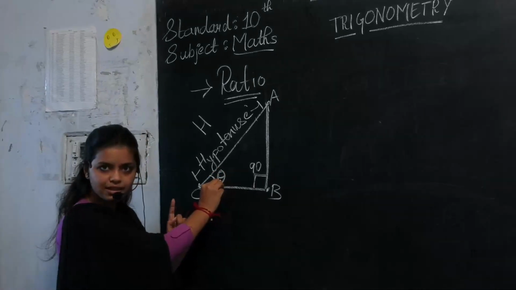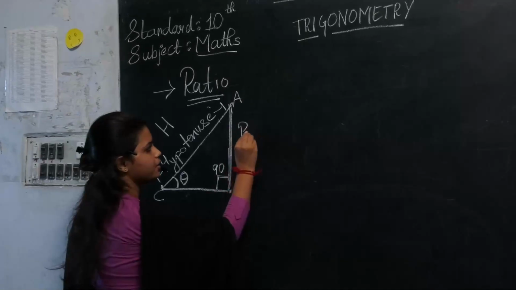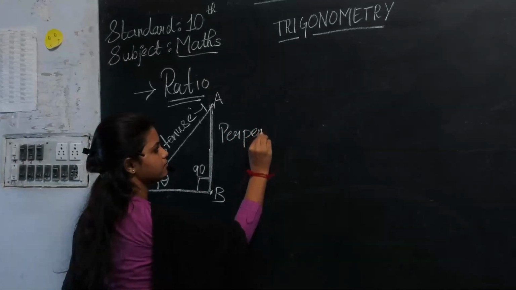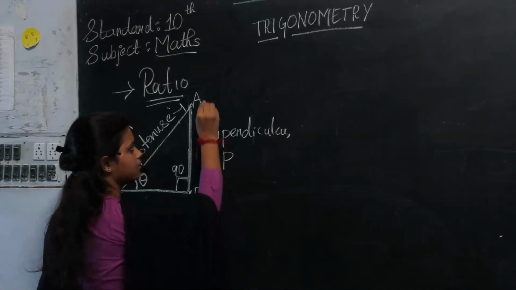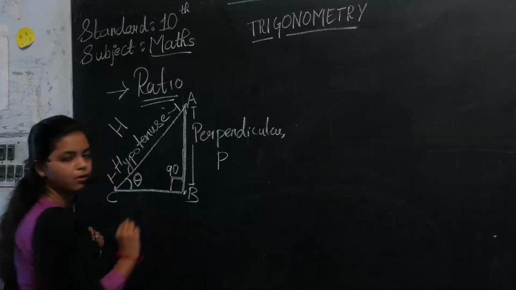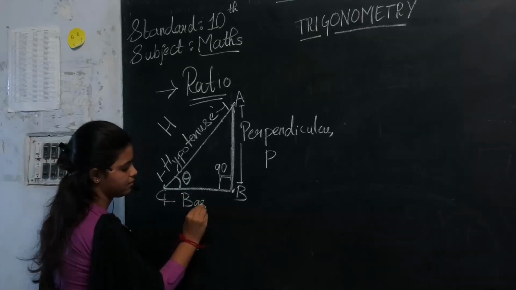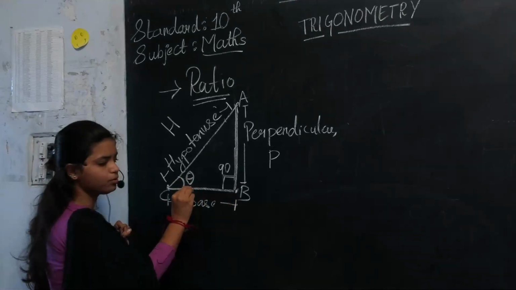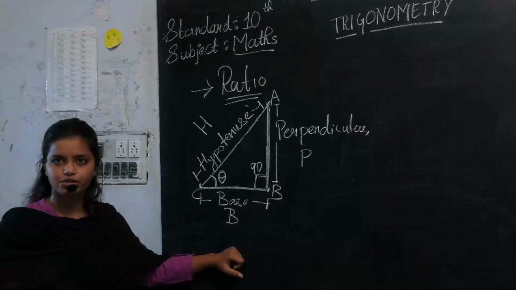The opposite side of theta is said to be the perpendicular. You can call it P. And this one, the base, which is adjacent to theta, you can call B. Now we will find the ratios.